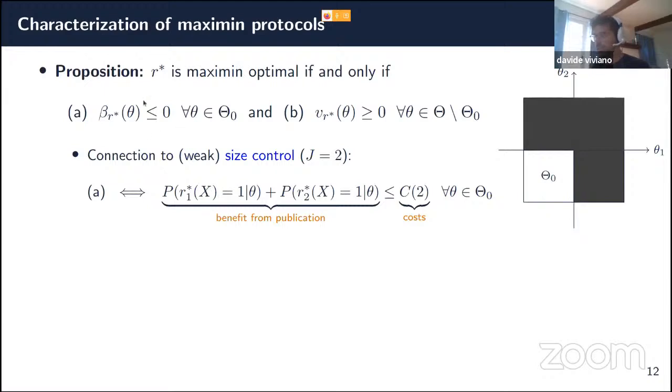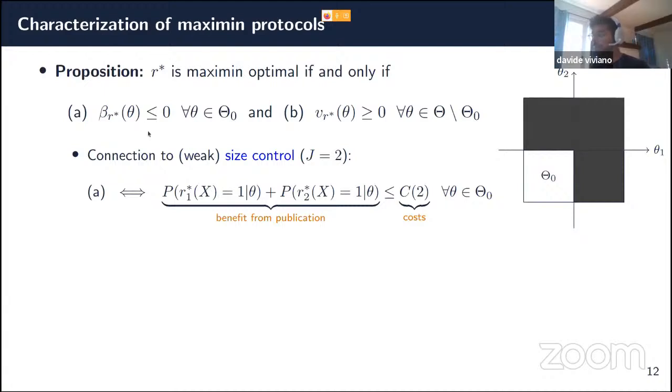Now this condition is intuitive, and it states that whenever research will always inform policymaking and affect welfare negatively, no matter what theta 2 and theta 1 are, because both of them are negative in this subspace, then we don't want to induce experimentation. That is, we want to make sure that the utility of the researcher is negative.